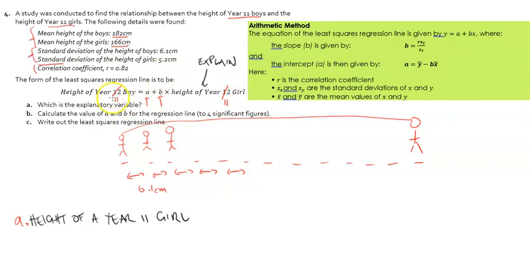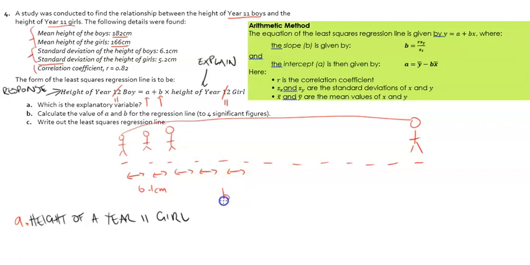Maybe if there was some form of association or correlation between the two, but for the sake of this example, whenever the template has been given to you, this one will always be the explanatory variable, meaning this one here will be the RV or the response variable. Okay. The response variable is always going to be the one that's by itself. It has no letters associated with it. It has no A or B or whatever these digits are. Okay. So the height of the year 11 girl is the explanatory variable.